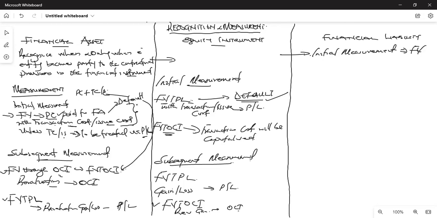How do we go about this? The fair value here that we are talking about is actually the net proceeds. So we say net proceeds of cash received.